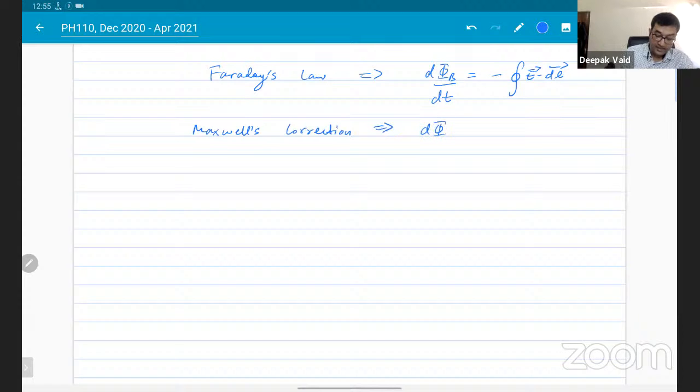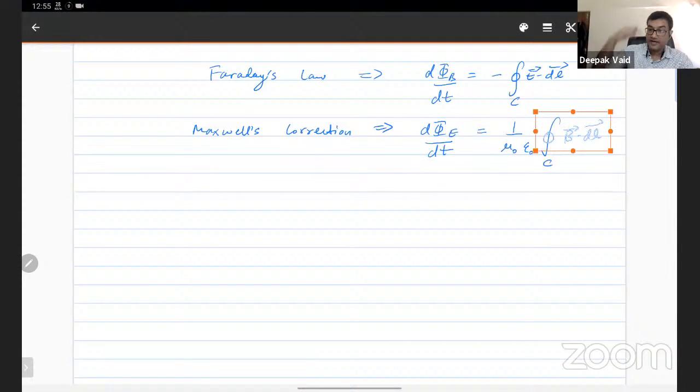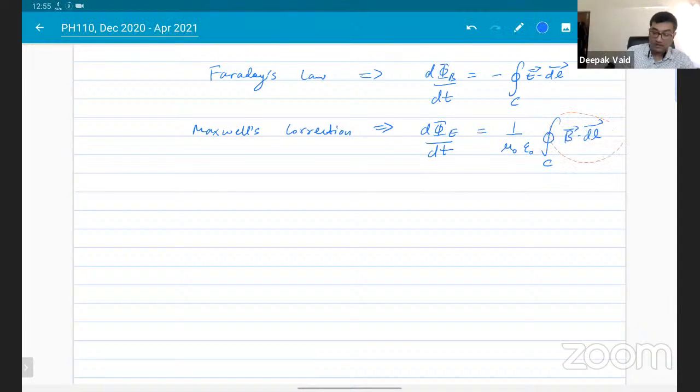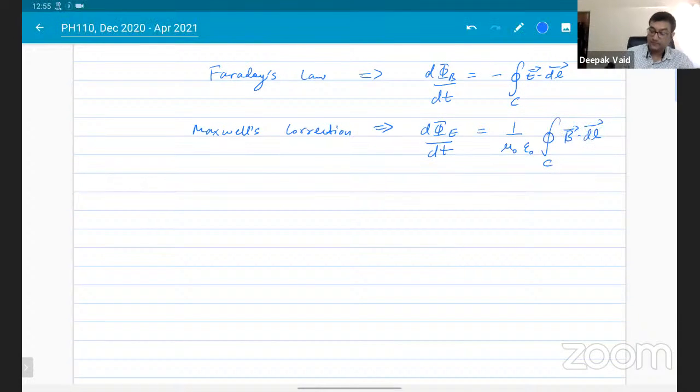It tells us that when we have a changing electric flux, it creates a net magnetic field. And that magnetic field has a circulation. So if I take the line integral of the magnetic field, I get a non-zero value, right?